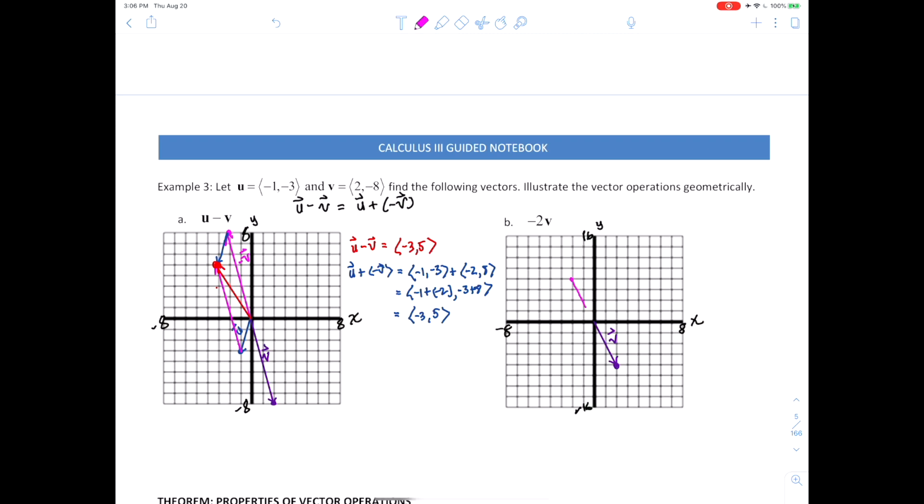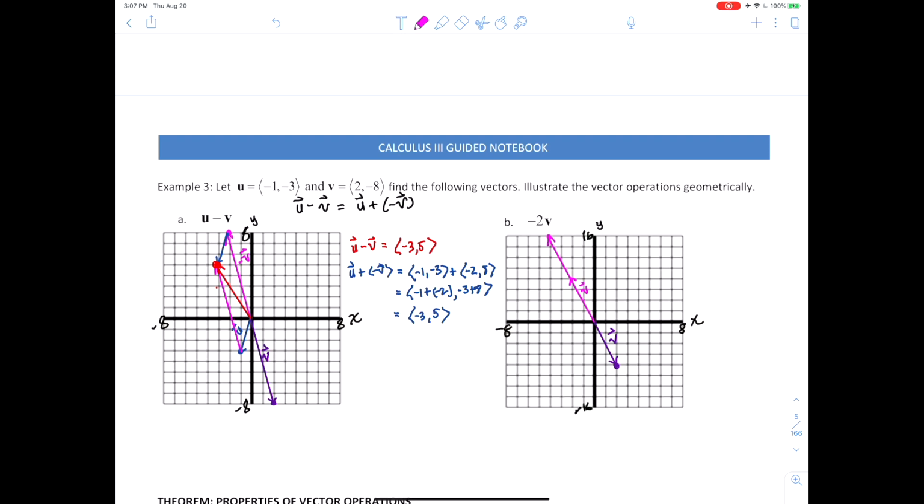So this here is -V, right? But what do we need to do with it? We need to double it. So we need to add another -V, right? So 2 and then 2, 4, 6, 8. We're adding on another -V to the terminal point of -V. And so where do we end up? What's our terminal point? This terminal point is at -4, 16.